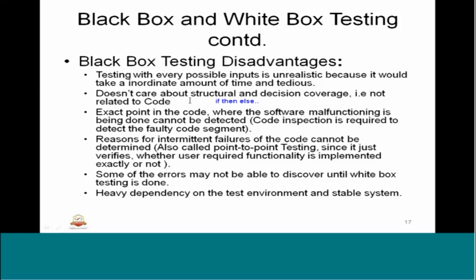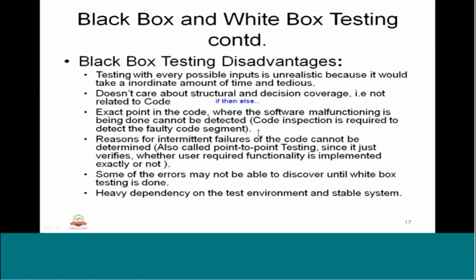If this condition doesn't happen, that is the else portion of it. So what is going to happen? That will sometimes be part of the code, but it is good to have requirements identifying all these things. In that case, it is easy to do the black box testing, but black box testing doesn't care about the decisions or the structural coverage.